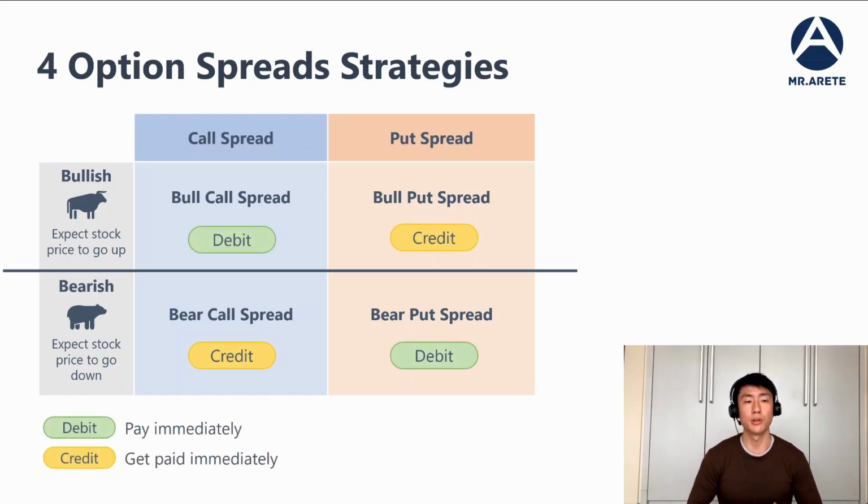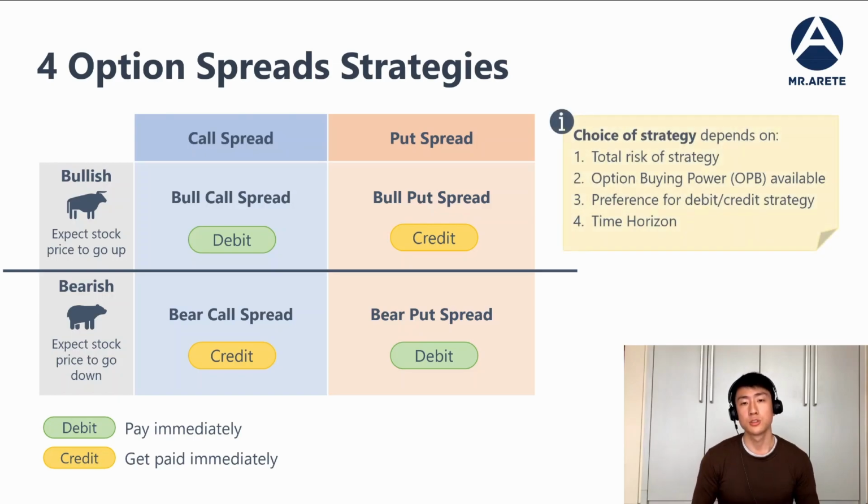Also, for each strategy, you're either being debited or credited. Being in debit means for that strategy, you have to pay a premium to enter the trade. And credit just means that when you enter the trade, you're being credited and basically getting paid as you enter this trade. The choice of strategy really depends on four main factors in my opinion. First, what is the total risk that you're exposed to in this strategy?